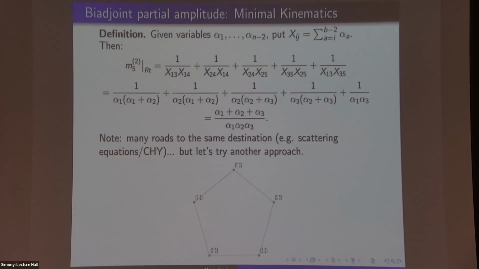Okay, so here is what the amplitude for the planar phi cubed theory looks like in terms of the x basis. We take a sum over all of the triangulations of a polygon, of a 5-gon. If we specialize the x's in this way, well, then you get this nice simplification of the amplitude.